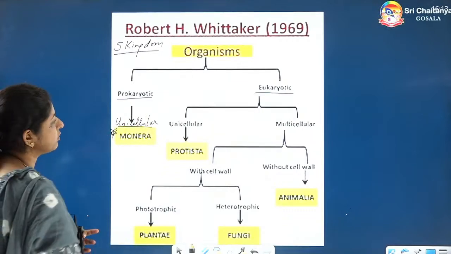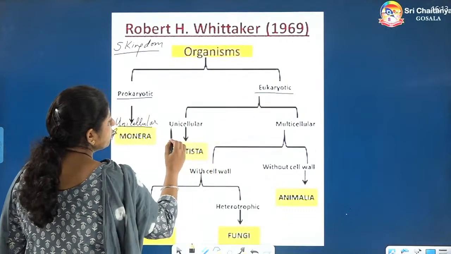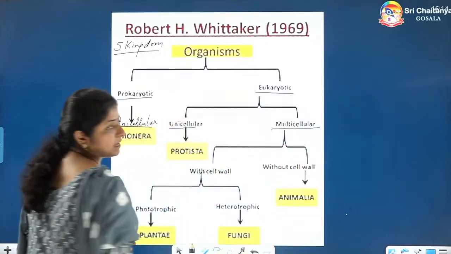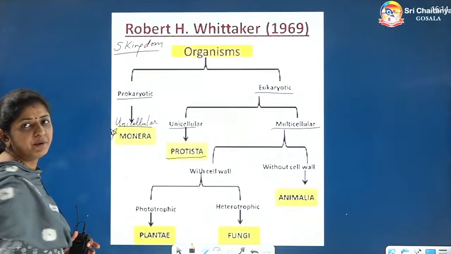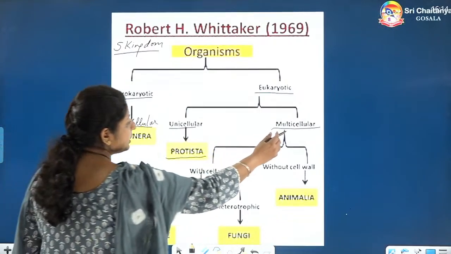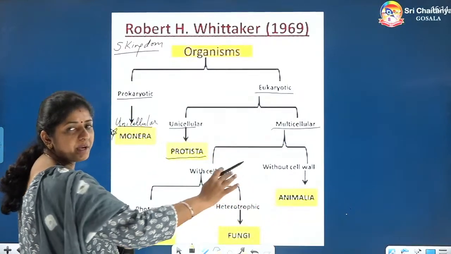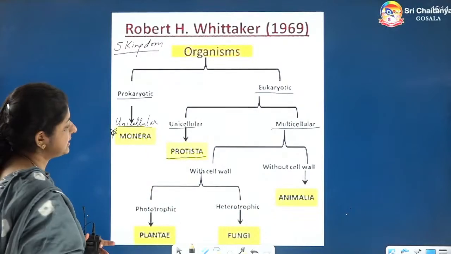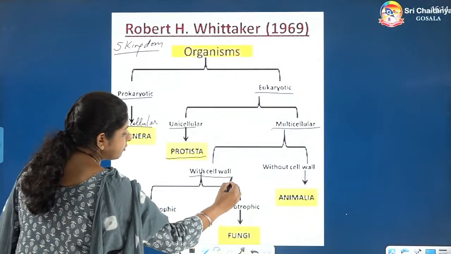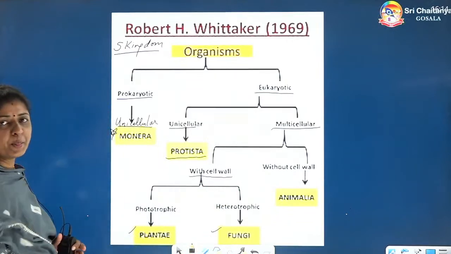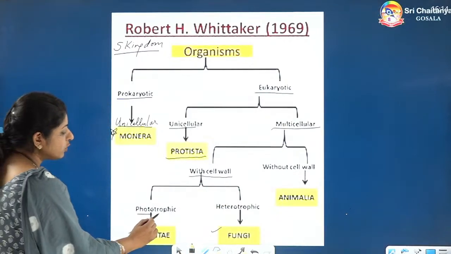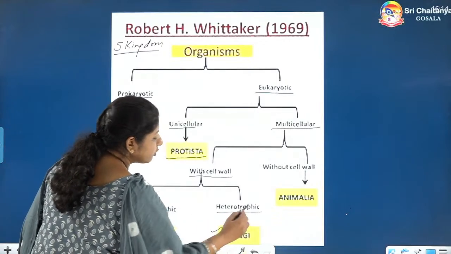Eukaryotes include both unicellular as well as multicellular. Under eukaryotic unicellular what came? Protista. Under multicellular, further classification happened based on presence or absence of cell wall. In the presence of cell wall, can I say 2 categories are coming? Plantae and the fungi. Plantae is phototrophic, whereas fungi is heterotrophic.